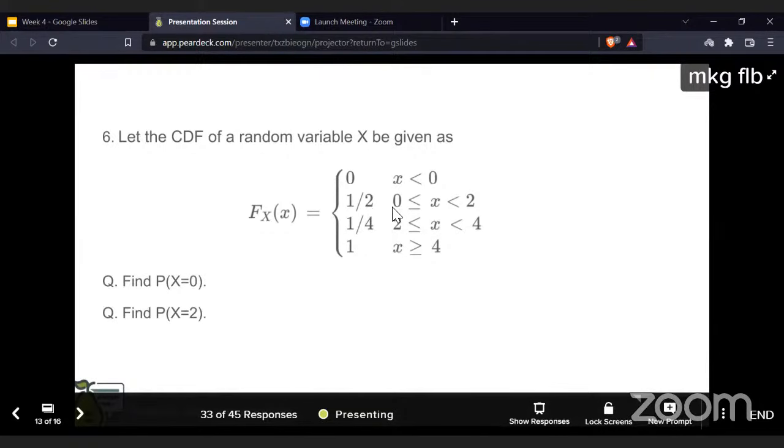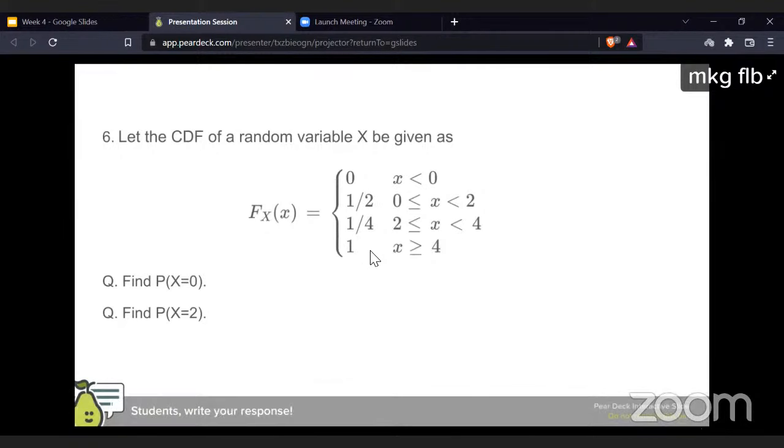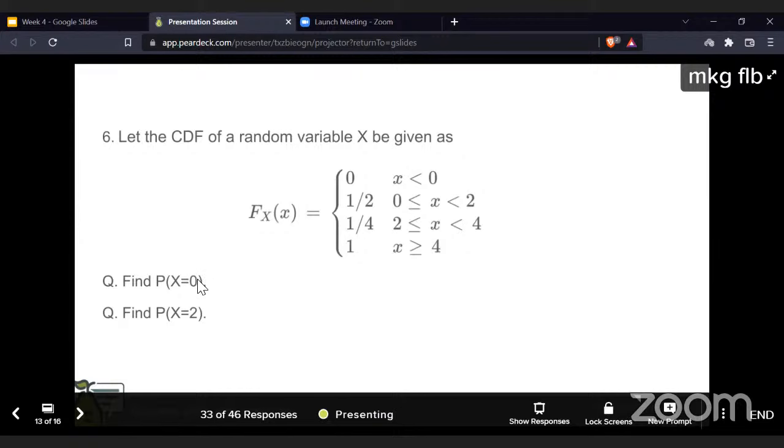The question typing is wrong here. There is an error because the CDF should be increasing. So in the first case, it is 1 by 4. Second case, it is 1 by 2. I assume most of the people did wrong because of the wrong CDF here. So probability x equal to 0 should be 0.25. That is 1 by 4.